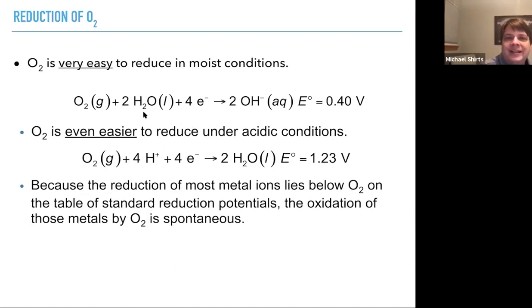And so really gold and platinum are the only metals that are not going to react with oxygen under acidic conditions. Even silver tarnishes, right? You get silver oxide. You need a little bit of acidic conditions, but you can get it to happen.